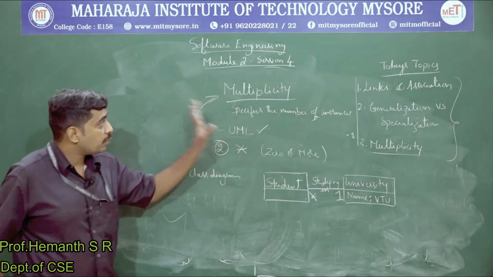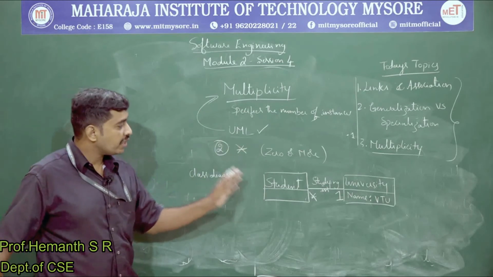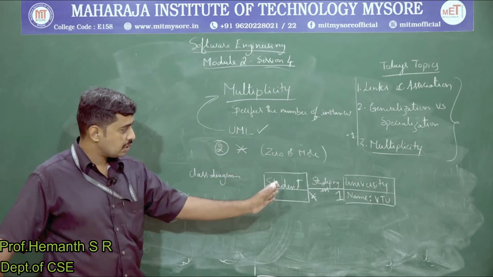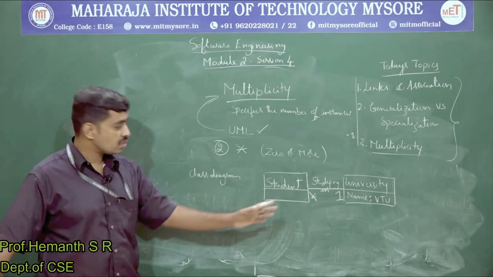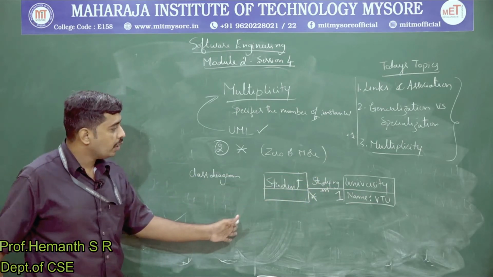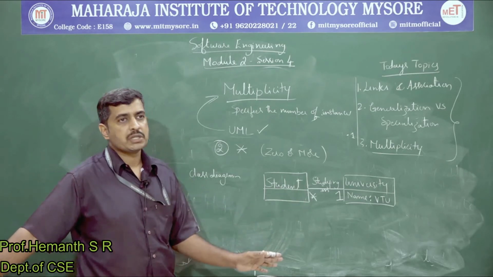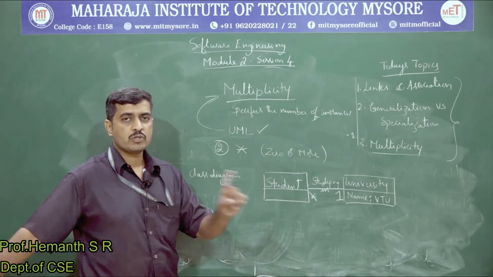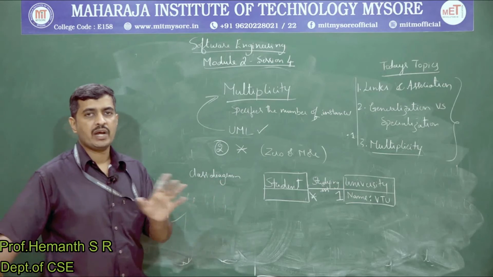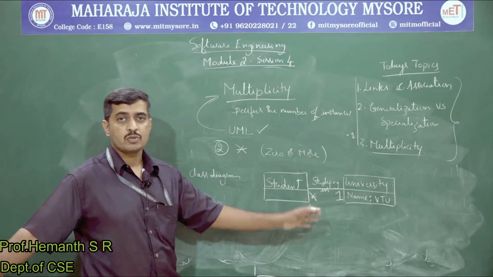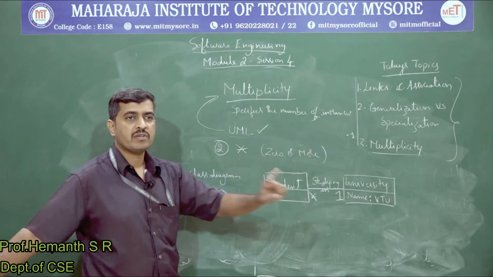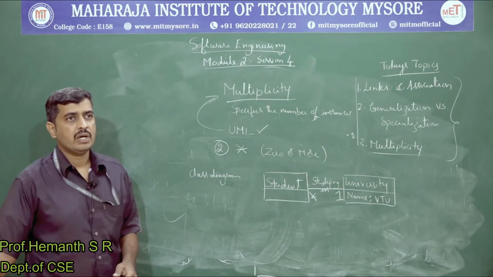Please note, multiplicity specifies how many instances of a class are associated with a different class, and how many instances of an object relate to a different object. In the previous example it was only one instance, one country having one capital. In this example, we can see many students being associated with one single university.